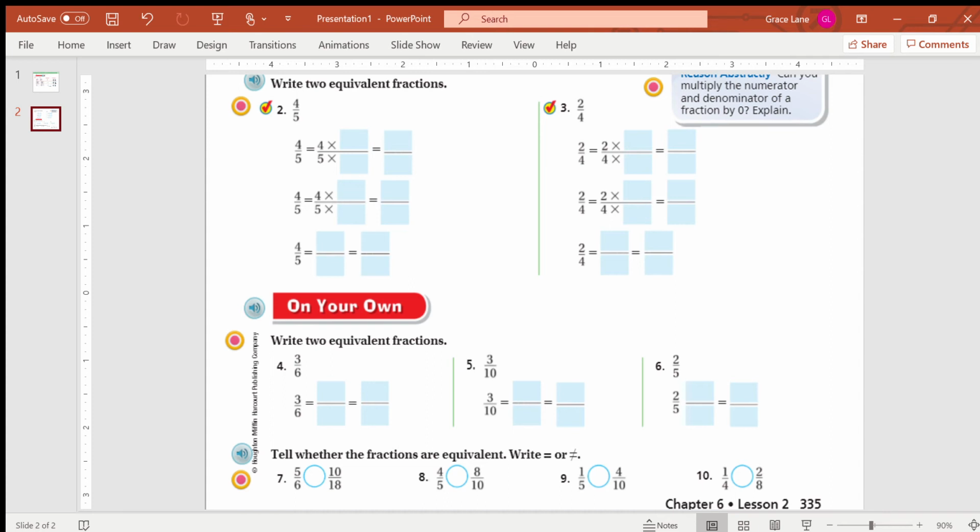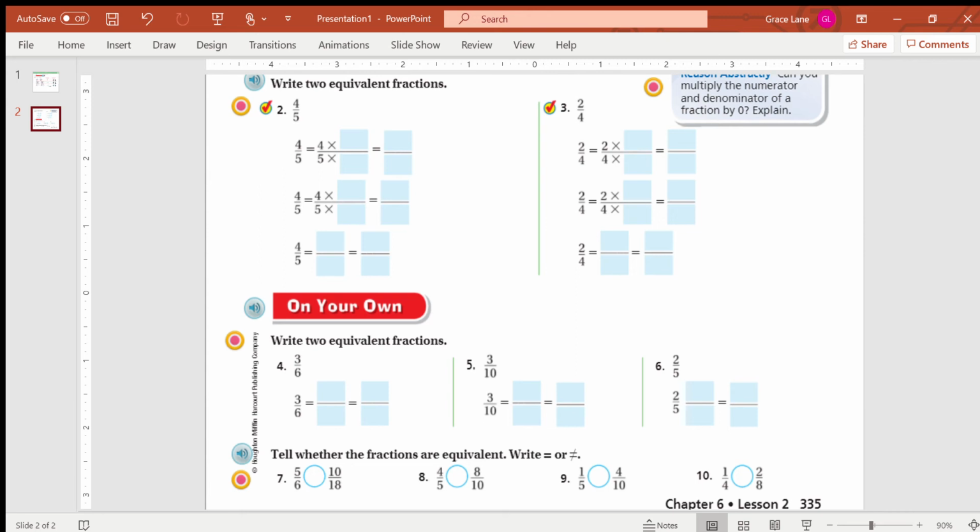You can multiply by any number you want to make equivalent fractions. I usually choose just easier numbers like 2 and 3 and 4 and 5, but I mean you can multiply by a factor of like 37 if you really wanted to. As long as the factor is the same in the numerator as the denominator, your fraction should be equivalent to the original one.